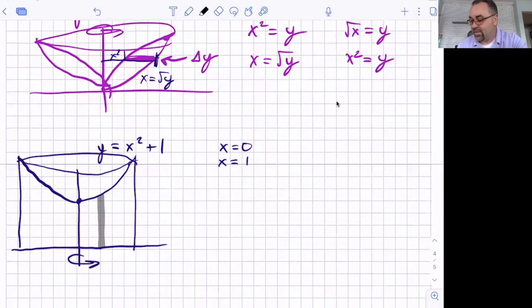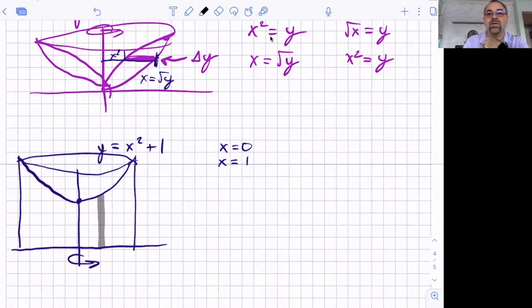And you can see that the volume would be 2 pi integral 0 to 1. Average radius function here is just going to be x. Height function is just going to be x squared plus 1 dx. And that, I think, makes life a lot easier when you're integrating.